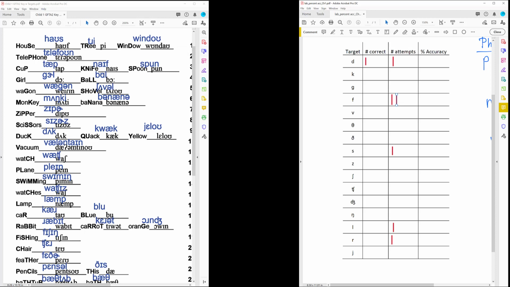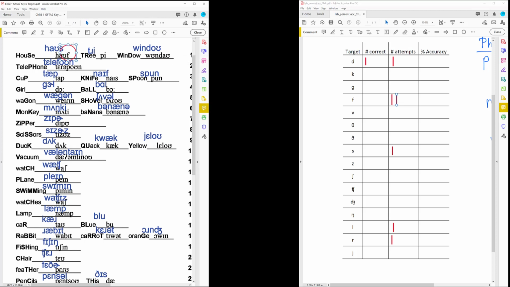Now here, I'd like to highlight this situation, which is pretty interesting and really highlights the difference between a relational accuracy measure and an independent type of measure.